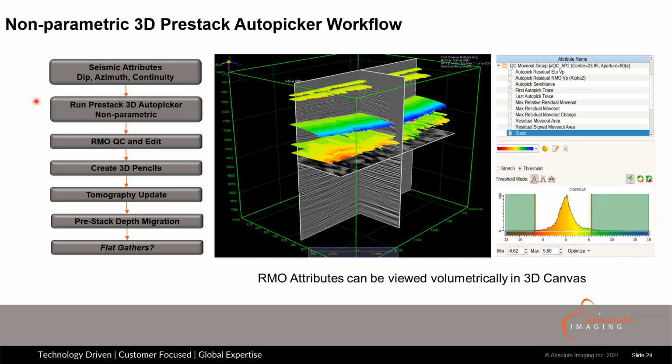So the workflow for that part is: we put in those pick attributes, we run the non-parametric auto picker, we QC and edit, we create the pencils and update the pencils, which is the database where these picks are stored. We run the tomography update, pre-stack depth migration, and then we look at the gathers. That's the same as the other approaches.